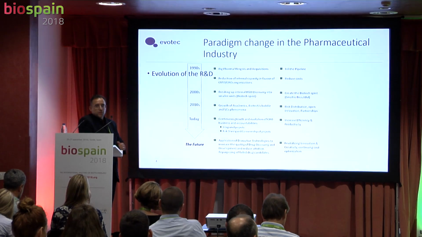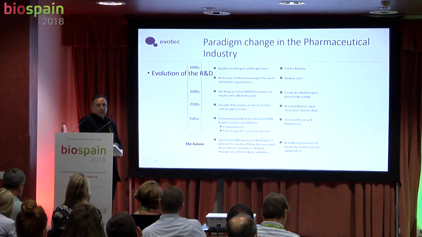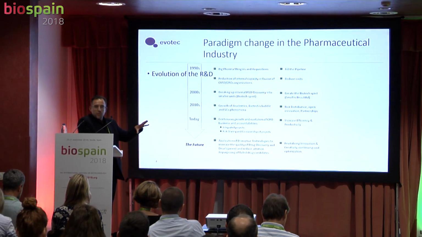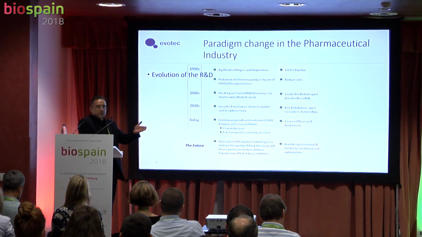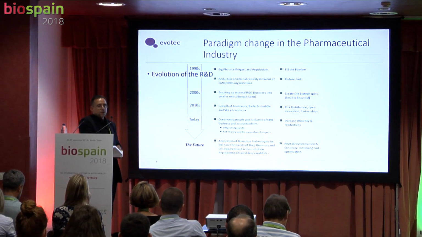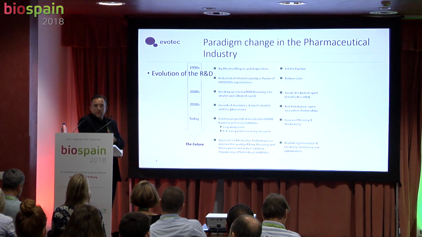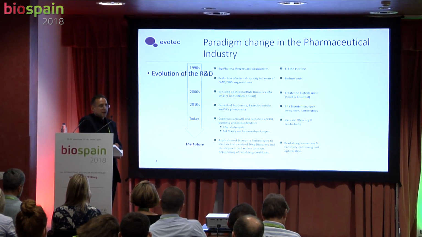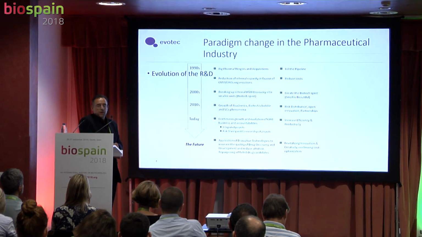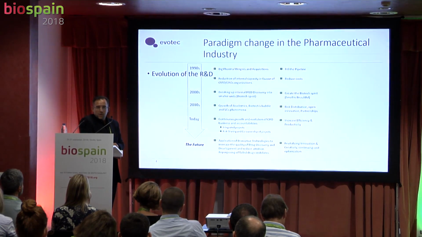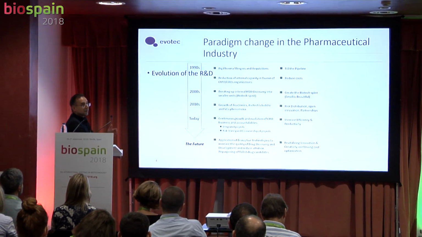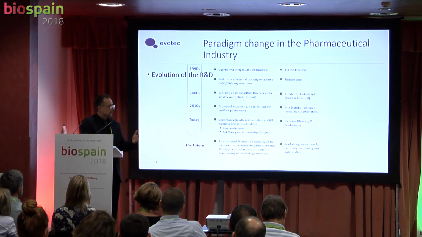So I want to say that during this last year, the pharmaceutical industry has changed. They have reduced the cost, they have reduced the size, and the know-how flowed from big pharma into the CRO, CMO world, and in the CRO industry you find a lot of expertise now in different therapeutic areas. That's where we are now. We are helping the pharmaceutical industry to reduce their costs and be more efficient by being their external R&D arm.